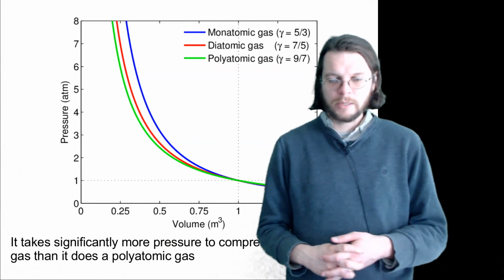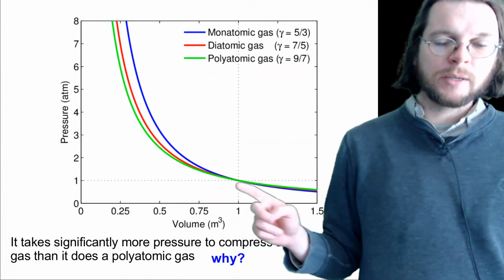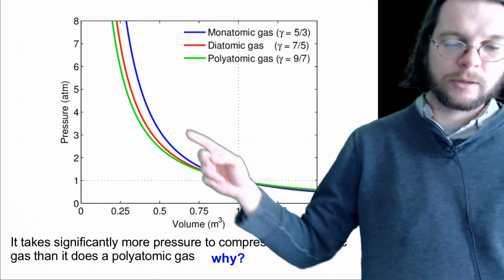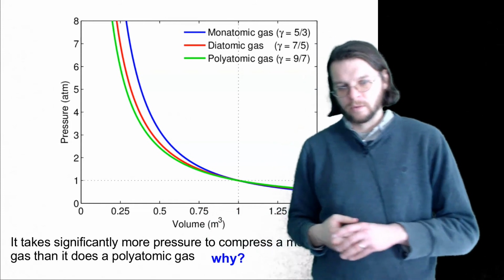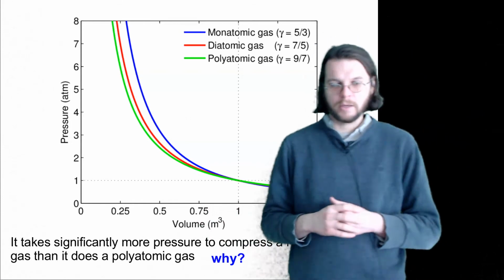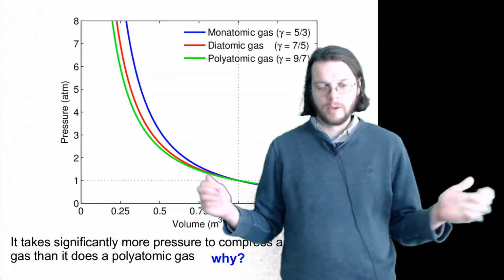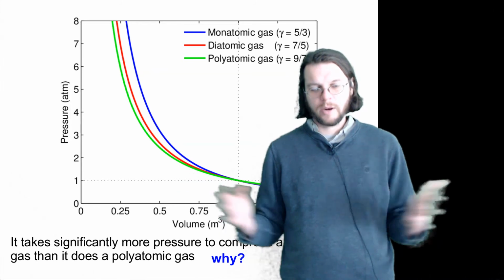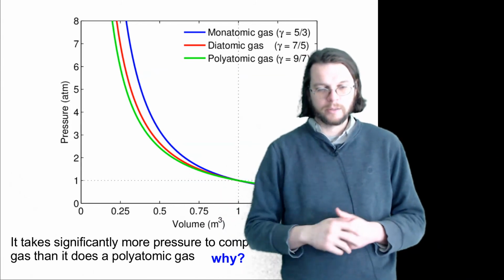And the reason this happens is basically that the monatomic gases get hotter as you compress them. Again, you're compressing it rapidly, but they get hotter as you compress them because the only way it can store that energy is in the motions of the particles zipping around that container.